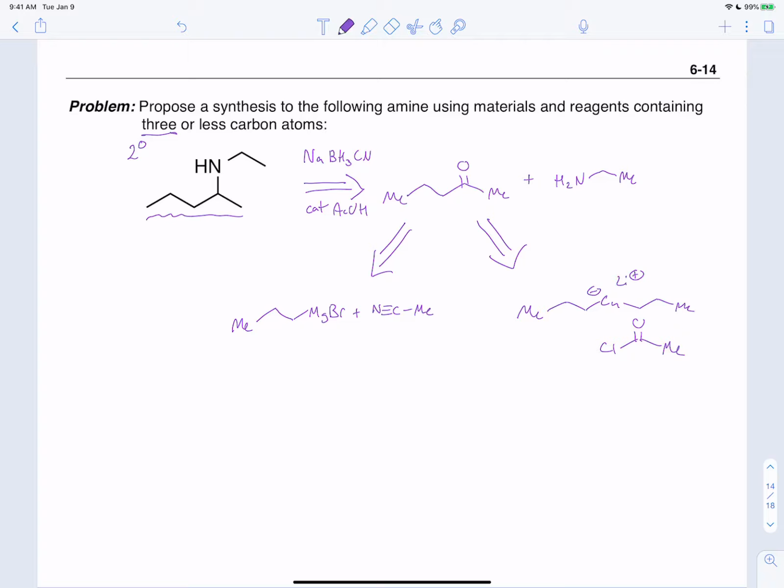Each of these would be able to give you that molecule to make the target as shown. There are some other combinations that you could also be using to synthesize this, but these, I think, would be the most efficient ones that you have at your disposal.